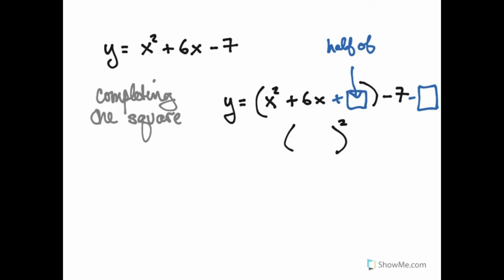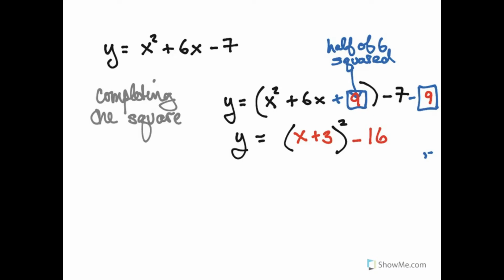So in this case, half of 6 squared is going to go in the box. Well, half of 6 is 3, and 3 squared is 9. So I'm adding 9 and subtracting 9. If I factor x squared plus 6x plus 9, I get x plus 3 times itself, or x plus 3 squared, and then subtract 7, subtract 9 gives me minus 16.